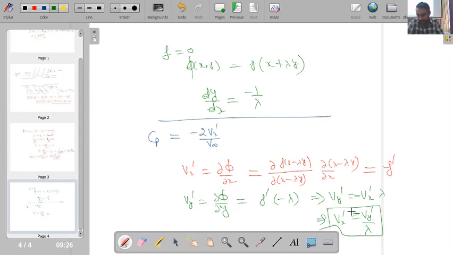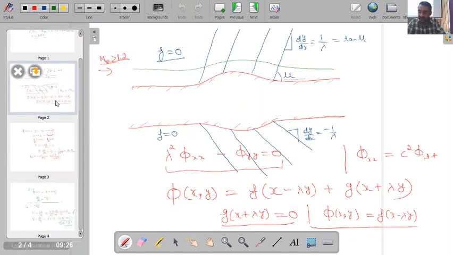How from the geometry of the problem? We have done this previously also. If this curve is given by y equal to f of x, then the slope of the tangent to this curve at any point will give me angle theta.